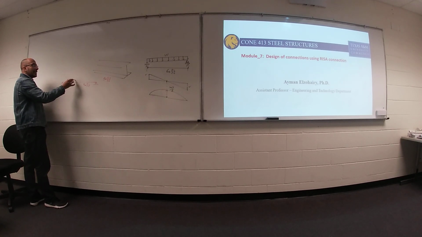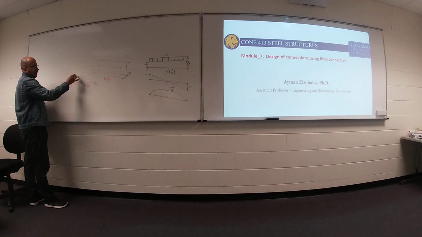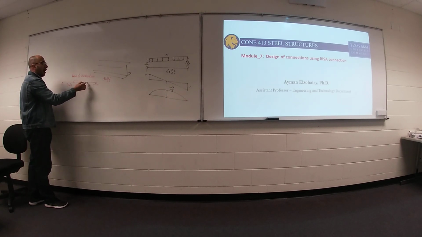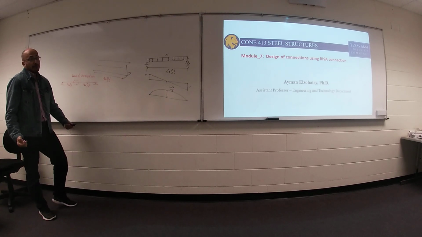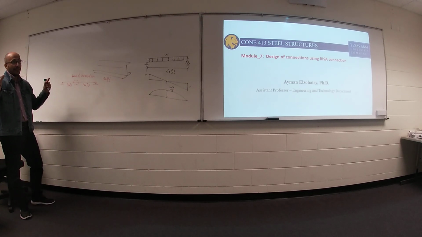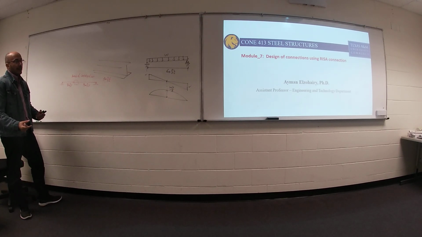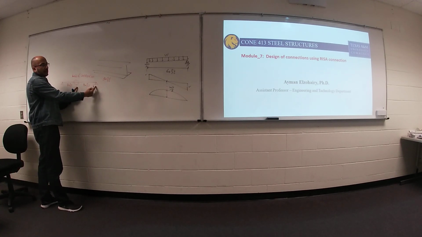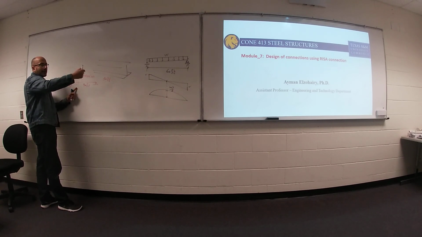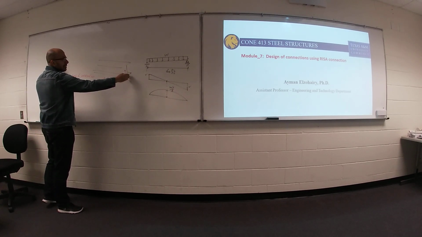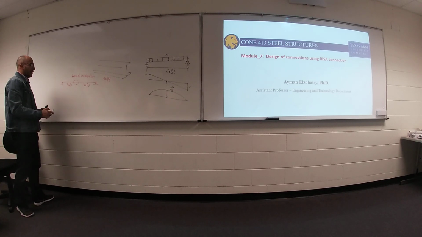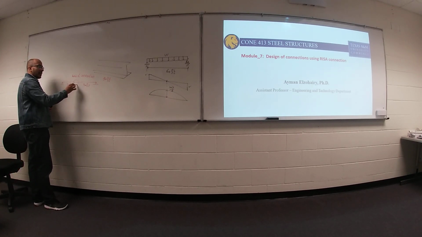That means I need a kind of connection between these two parts of your beam. The available length from the manufacturer for this shape is only 30 feet. We cannot get lengths equal to 60 or 70 or 100 feet. So I need a kind of connection in between.